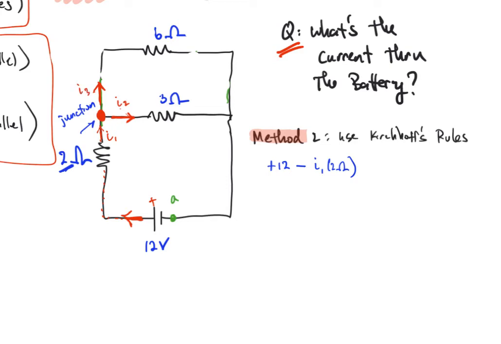We get another potential drop across the 3 ohm resistor, equal to I2 times 3 ohms. So minus I2 times 3 ohms, because I'm losing some energy as I go through the resistor. Then if I continue going, I get back to my starting point. So this all equals 0.